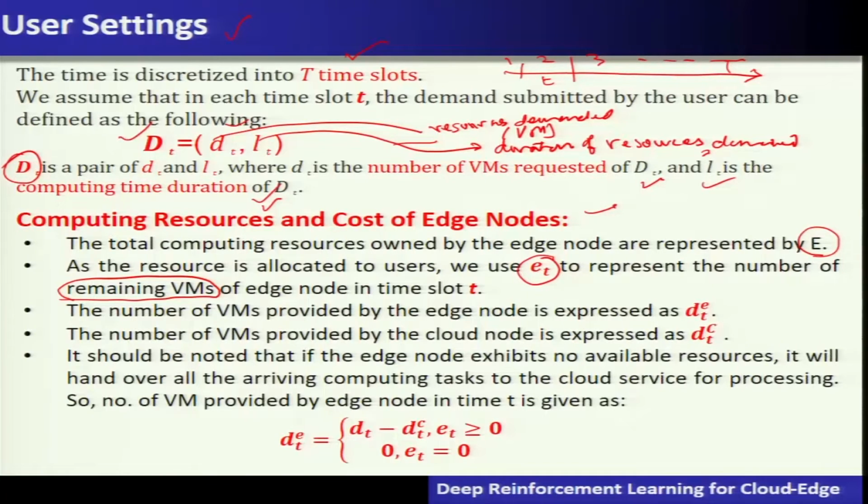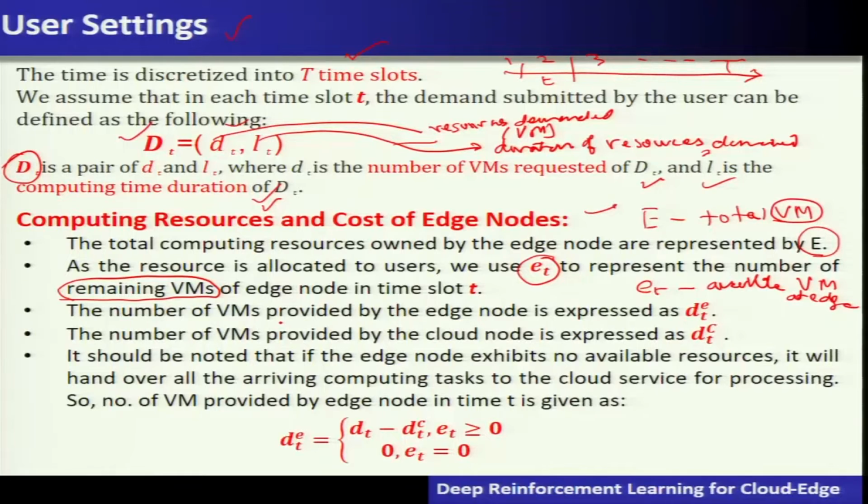When we say remaining virtual machines, that means available virtual machines, which is represented by e_t. So the total VMs at the edge node are represented by capital E, and small e_t represents the available virtual machines at the edge.